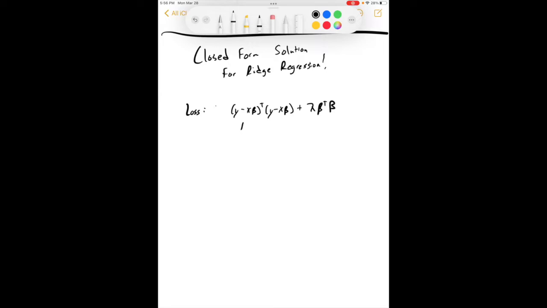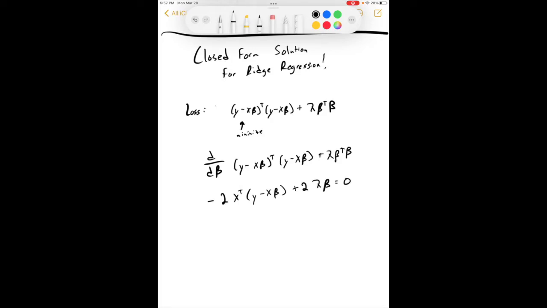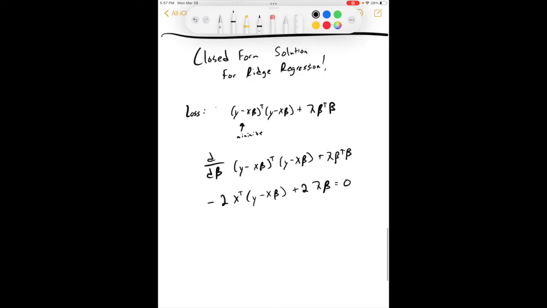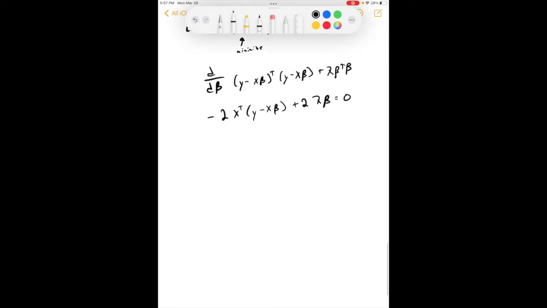Okay, and we want to minimize this, so we are going to take the derivative with respect to beta. And when we take that derivative, what we're going to end up with is negative 2x transpose times y minus x times beta plus 2 times lambda times beta. And we're going to set that equal to 0 because we're trying to minimize it.